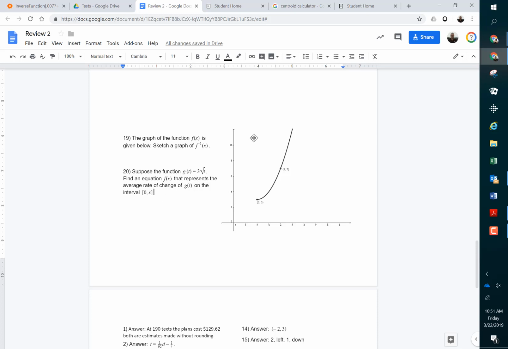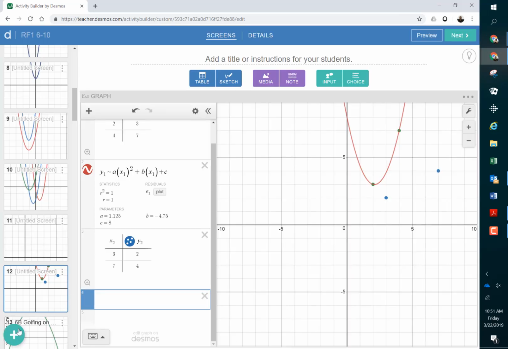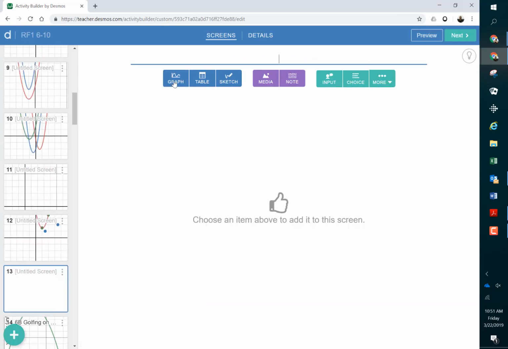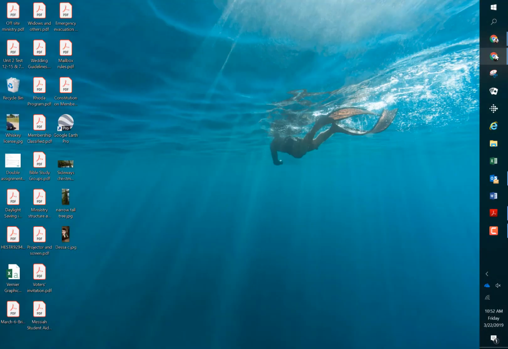So g of t is 3 square root t. Okay, we're looking for the average rate of change from 0 to what?